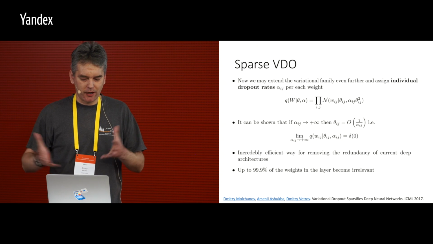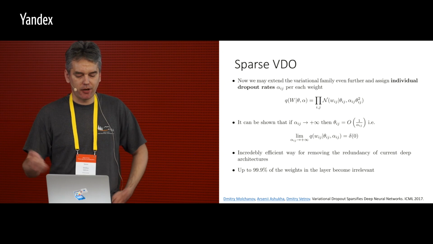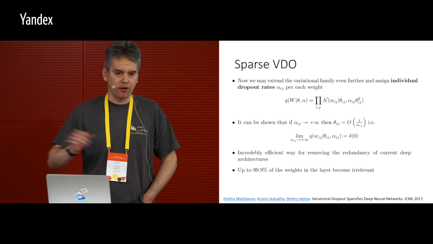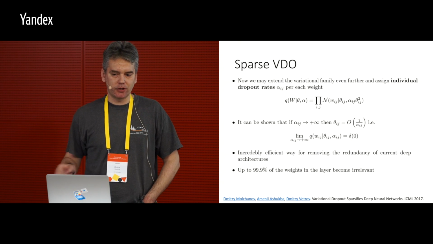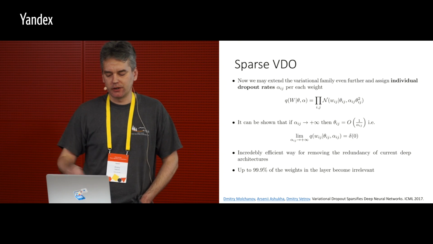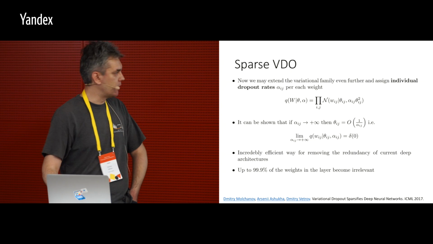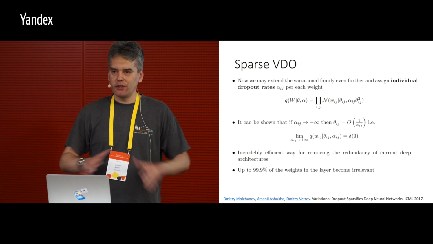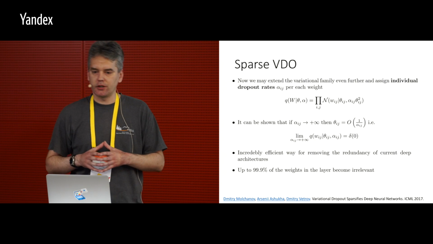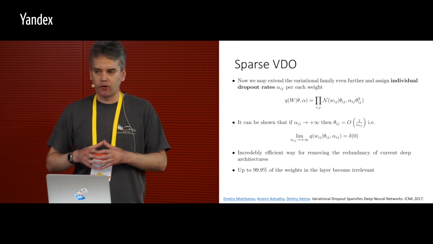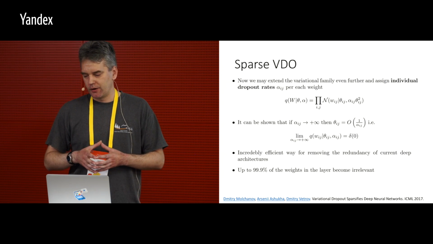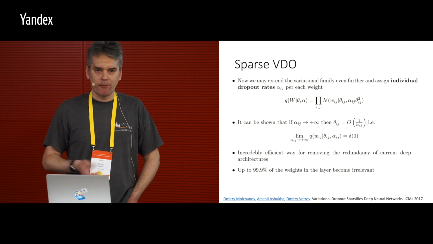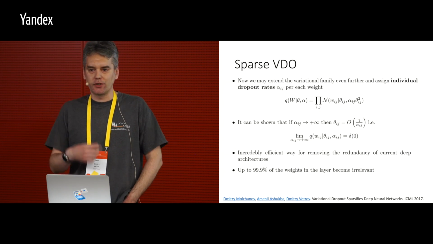And here, again, we may make some analogies with one of the previous talks, where the speaker talked about sparse deep neural networks and the quantity of relevant connections we really need in DNNs. So this appears to be a surprisingly efficient way of removing redundancy from DNNs. It's not a secret that current DNNs are highly redundant, but the problem is that nobody knows how to remove this redundancy.